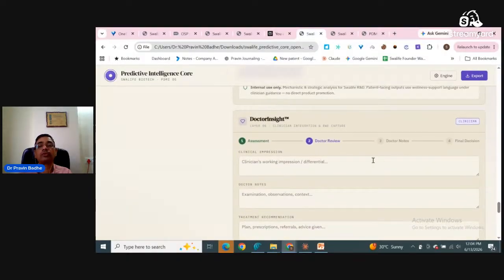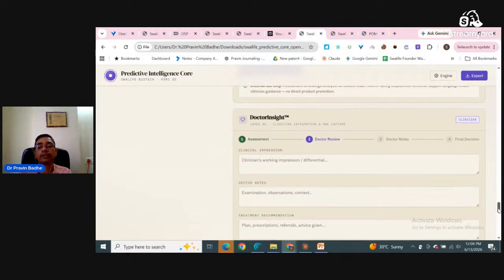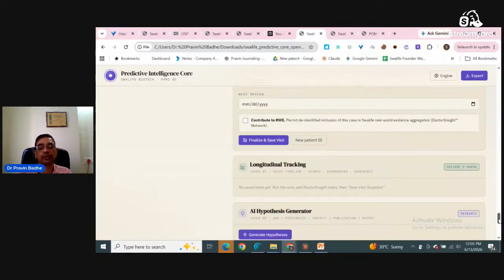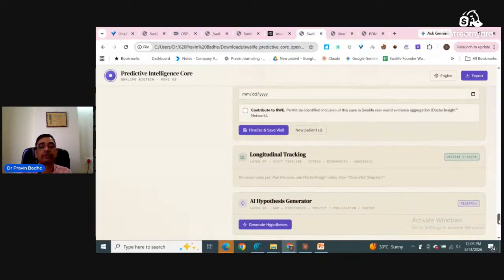The doctors can also add their insight here. The clinical research going on, the patient information can be added. So it is for clinical trials as well.